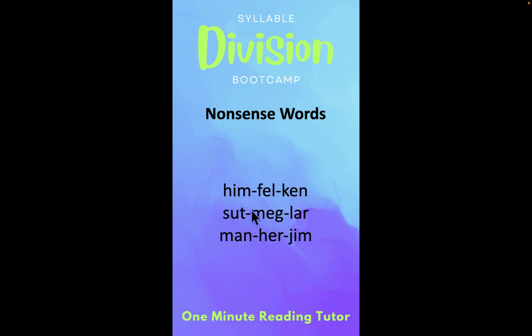Right here, we split between the T and the M and the G and the L. The U is going to use its short sound, the E will say its short sound, and the AR says ar. Sutmeglar. We split between the N and the H and the R and the J. The A will use the short sound, ER says er, and the I will say its short sound. Manherjim.